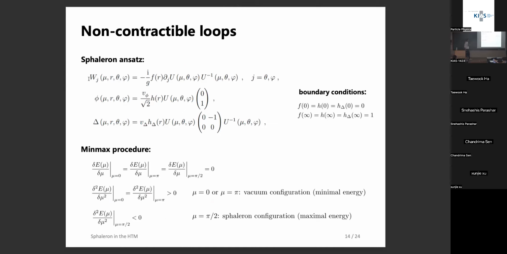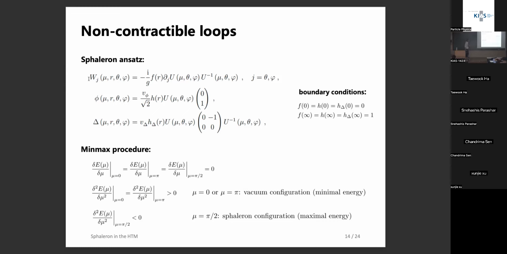And here, f(r), h(r), and h delta(r) are 3 profile functions to be determined by some other conditions. In addition, in order to guarantee the gauge symmetry, we will ask the profile functions to satisfy the boundary conditions. That is, they should vanish at the origin, and their value should be unity at infinity, which means they cannot be very steep functions.